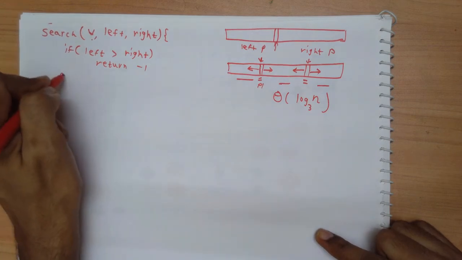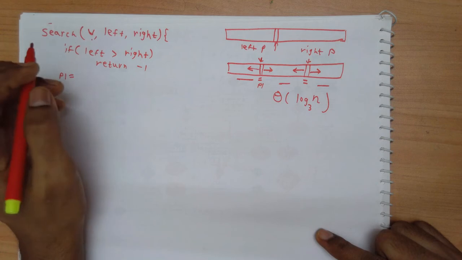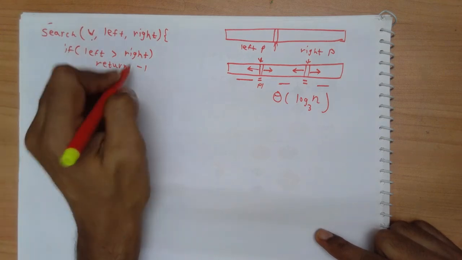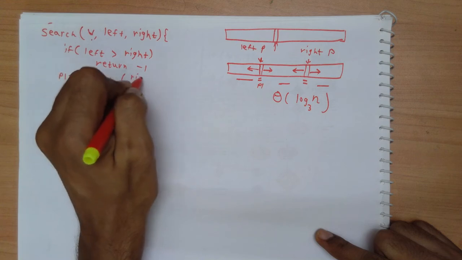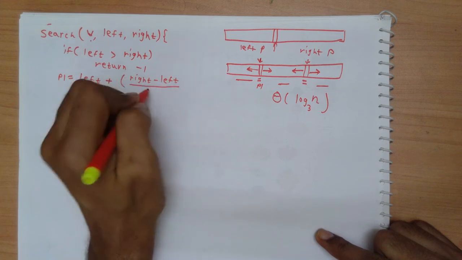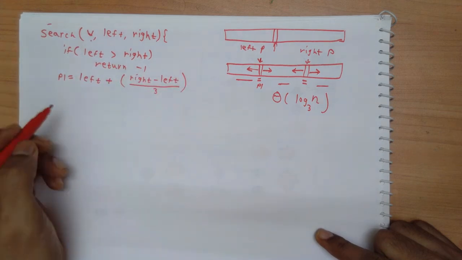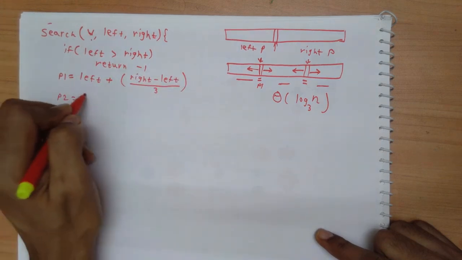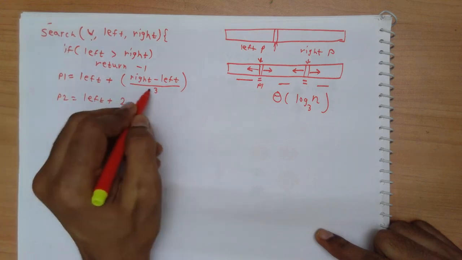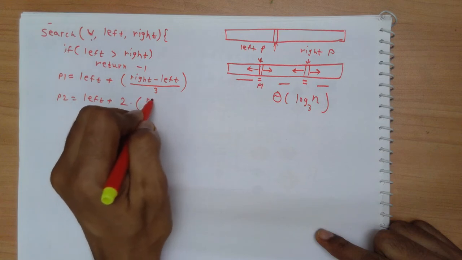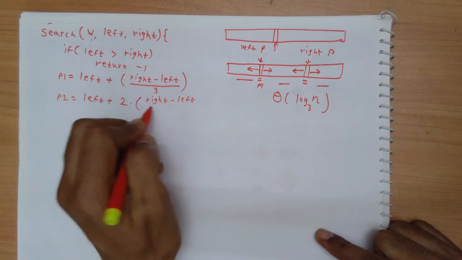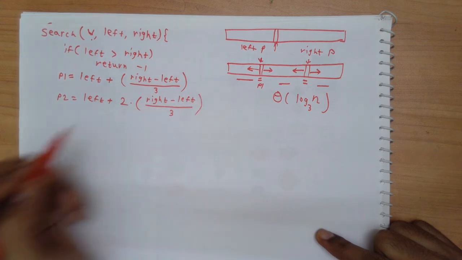So p1 is equal to left plus (right minus left) divided by 3. And then I'll compute my second pivot as left plus 2 multiplied by this same ratio, so (right minus left) divided by 3.